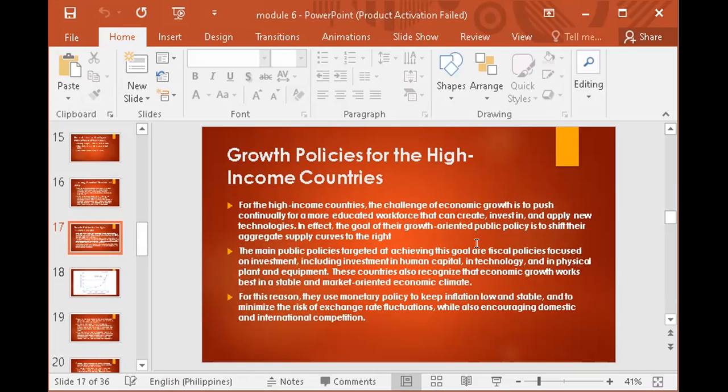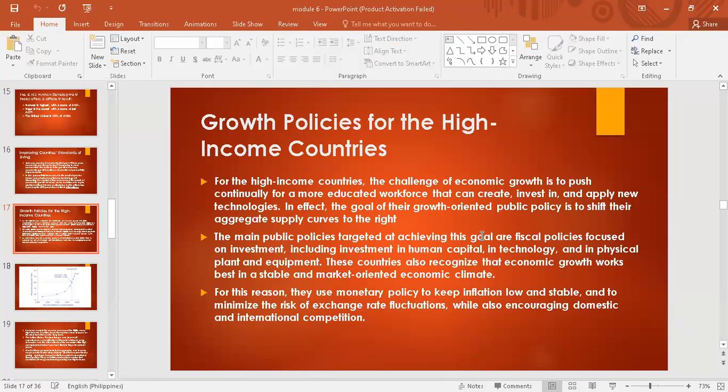Yan. Another thing na ginagamit ng mga high-income countries in order to increase the standard of living ay yung making sure that their monetary policy, no, it keeps inflation low or stable.